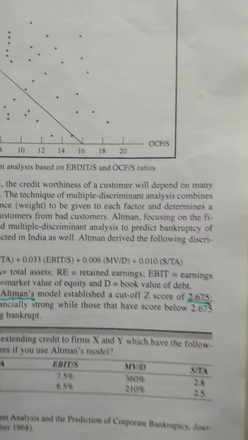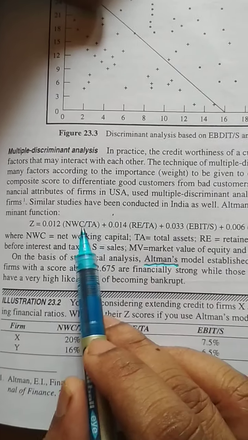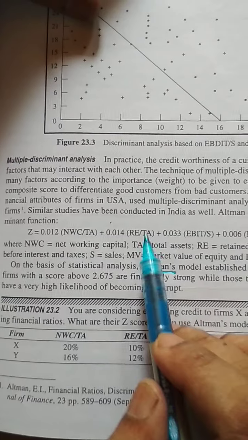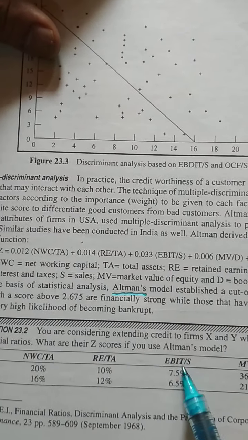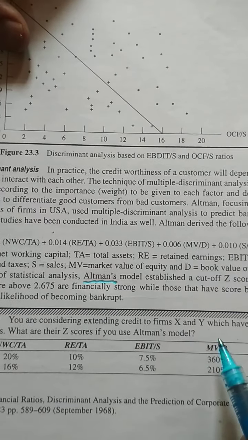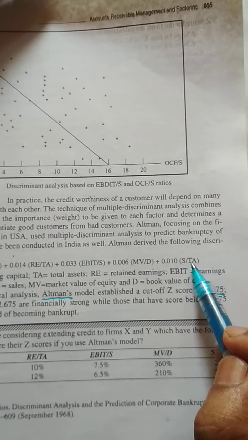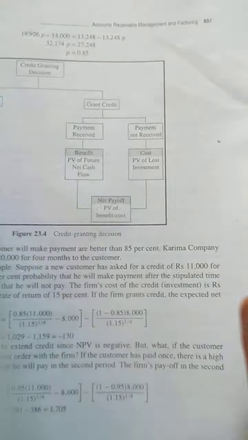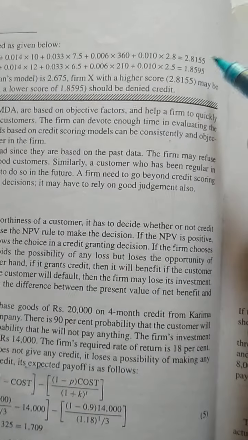You could see that in the question, the information will be given directly. That is net working capital to total assets, retained earnings to total assets, earnings before interest and tax to total sales, market value of equity to debt, and sales to total assets will be given, and you have to simply calculate that formula. Using Altman's Z score, we will decide whether firm X or firm Y is having better financial stability.